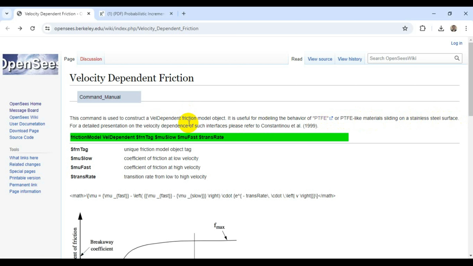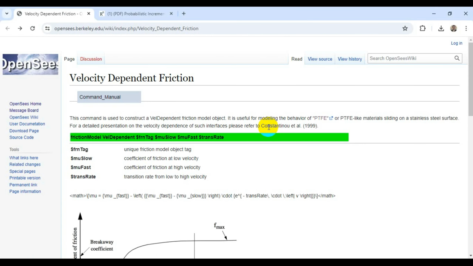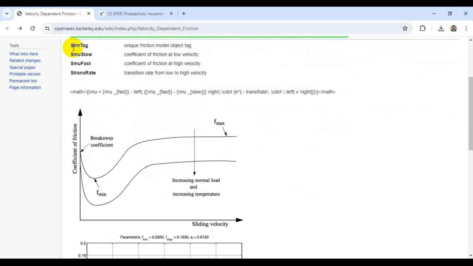The origin of this model is the Constantinou et al. 1999 model. It requires a unique friction tag, and then it requires a coefficient of friction at low velocity and a coefficient of friction at high velocity, as well as the transition rate at which this model changes and reaches the maximum friction.